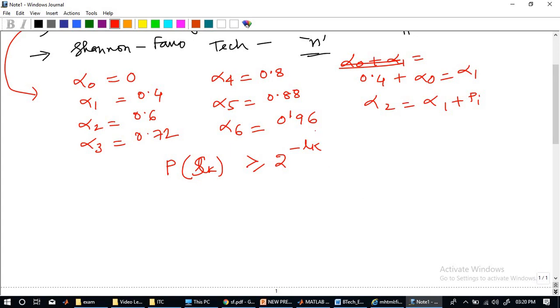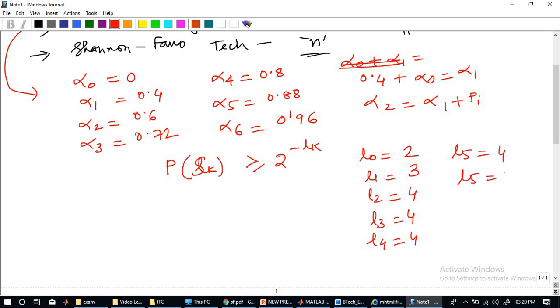So we have to find a particular value of L such that this condition is satisfied. The lengths that we have discussed are L0 as 2, L1 as 3, L2 as 4, L3 as 4, L4 as 4, L5 as 4 and L6 as 5.